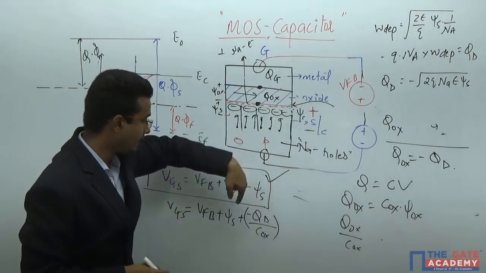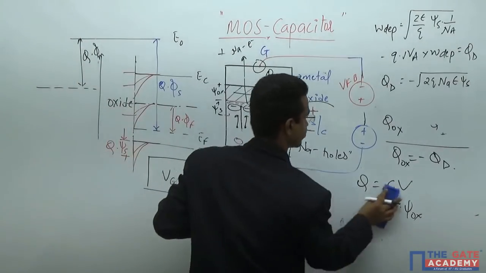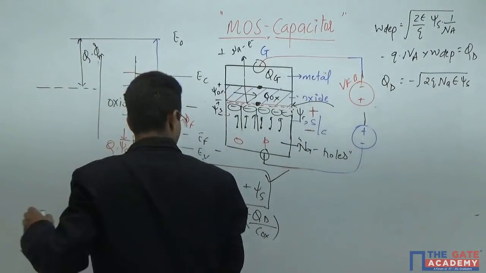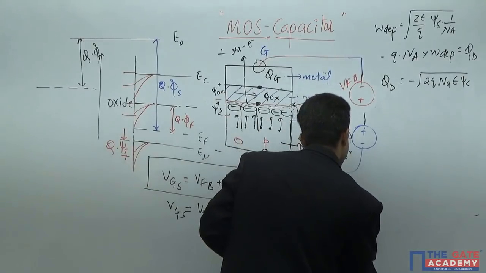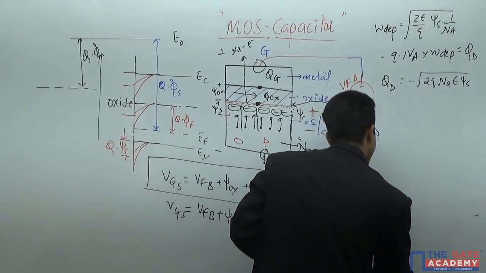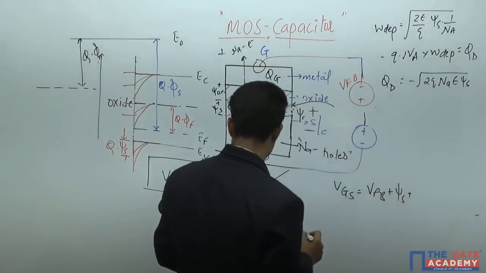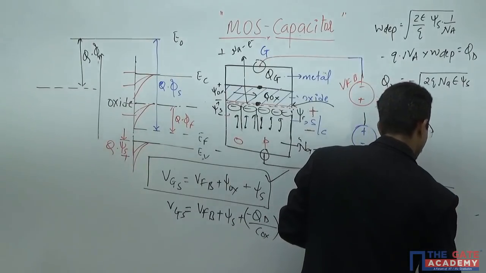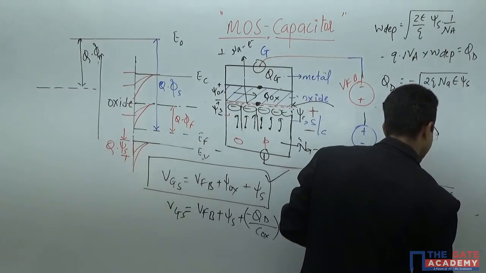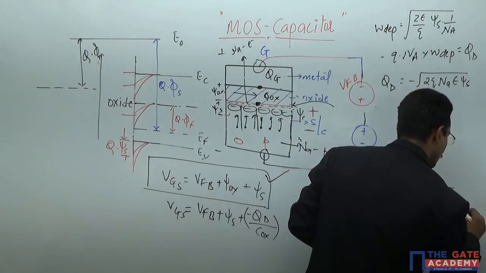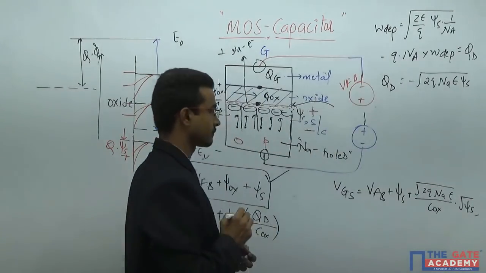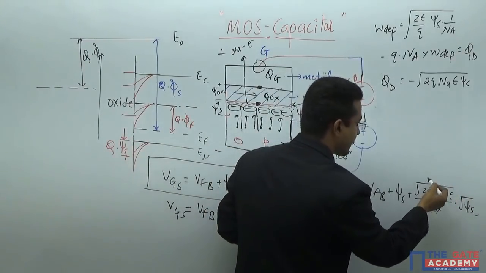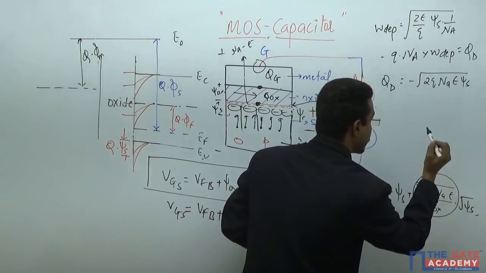Okay, as you put that value here, you will get VGS equals VFB plus psi S plus, because this minus and that minus cancel out, root over 2Q NA epsilon upon COX into root over psi S. And this constant value can be represented as gamma.